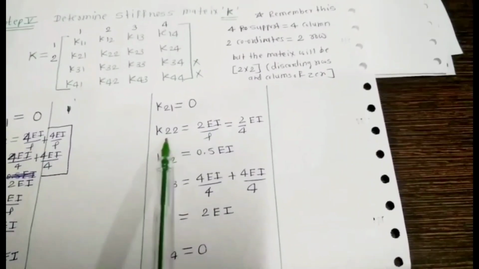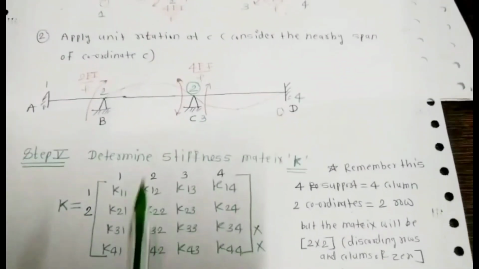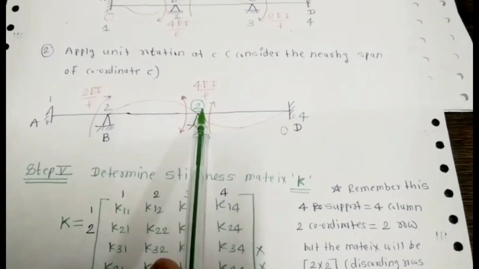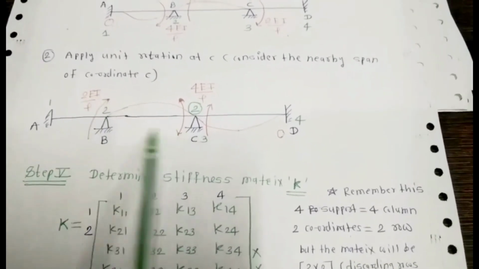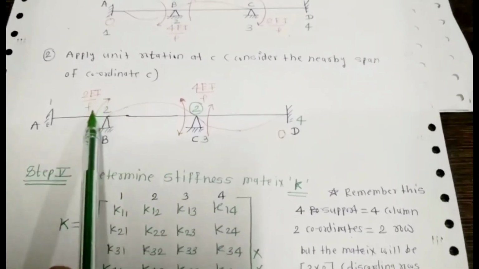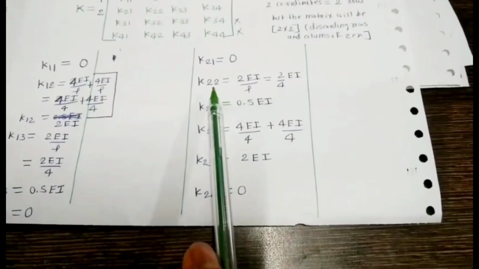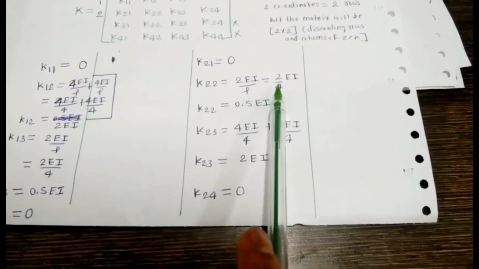Now K22, the second coordinate effect on the second point. It is 2EI upon L, where the span is BC, that is 2EI upon 4. The span of BC is 4 meter, so 2 upon 4 EI, and you will get 0.5 EI.